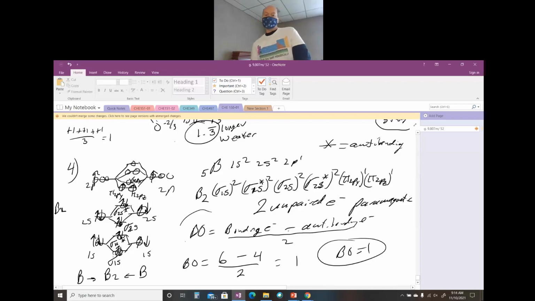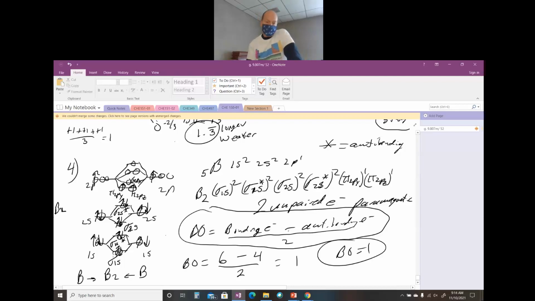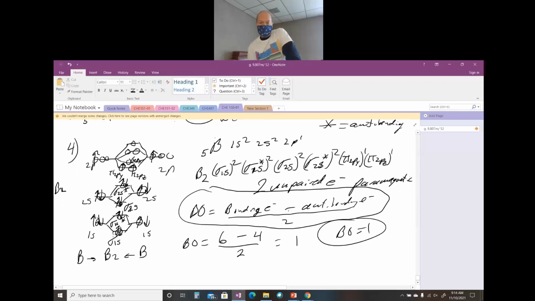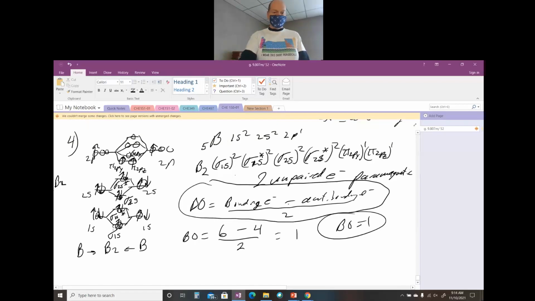You do not have to show this. You can. If you want to just say bond, antibond 0, bond, antibond 0, half a bond, half a bond, I have a bond order of 1, that is fine. If you want to count up all your bonding electrons, and that is 6, antibonding electrons, that is 4, subtract those and divide by 2, that gives you the exact same answer.